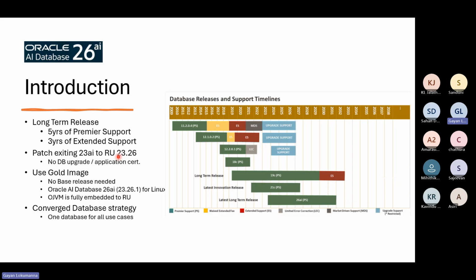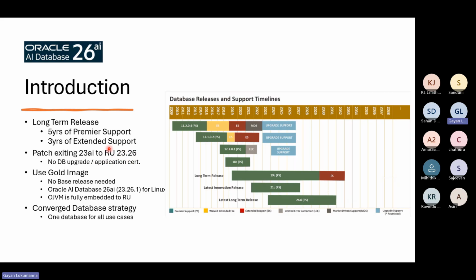Some time back, we learned about what a release update is. A release update is none other than a patch, right? So if you are already running the 23 version, the release update 26 of the same will actually bring you to 26 AI.